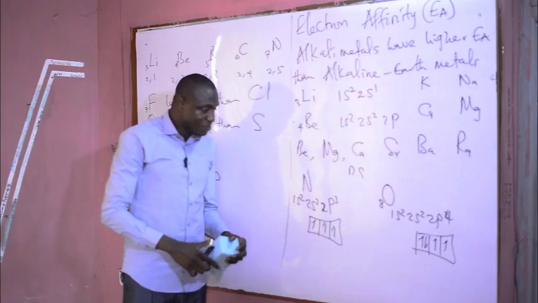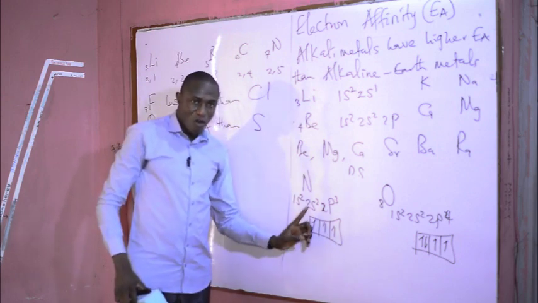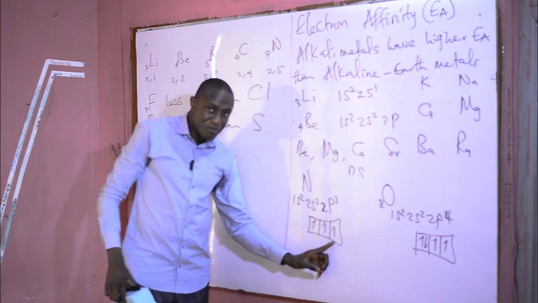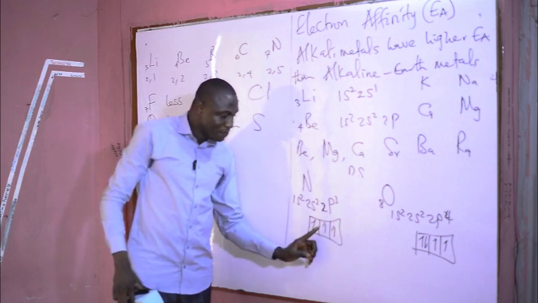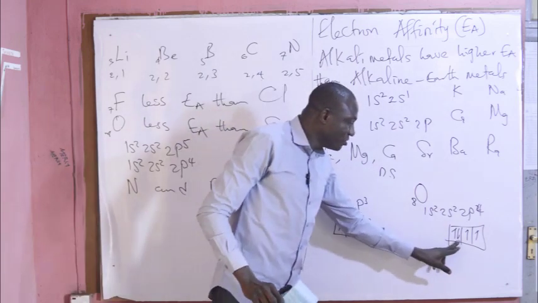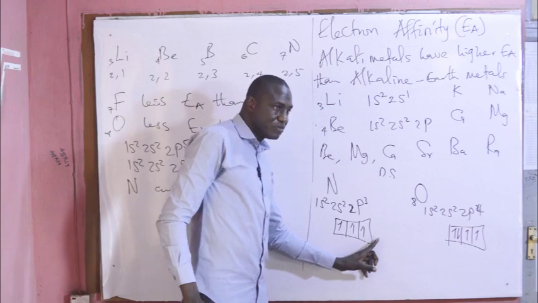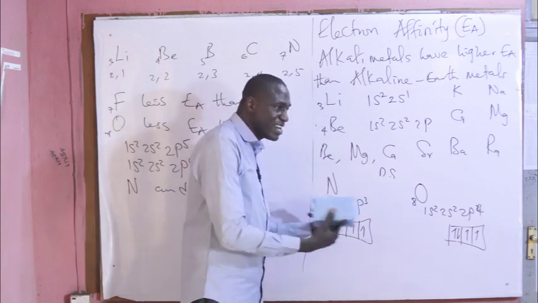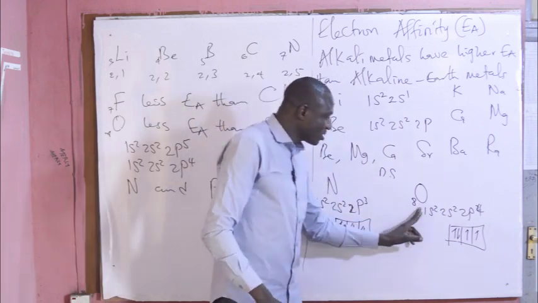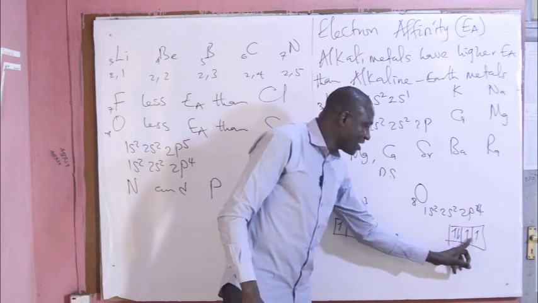And I said in the previous episode that a half-filled orbital, or empty orbital, or completely filled orbital is stable compared to a partially filled orbital. In nitrogen, the 2p orbitals are half-filled, which gives an extra energy of stability, compared to oxygen, where one of the 2p orbitals is completely filled and the other 2 are not.